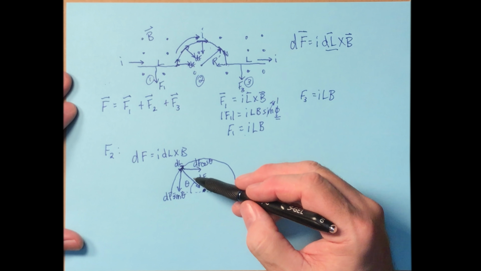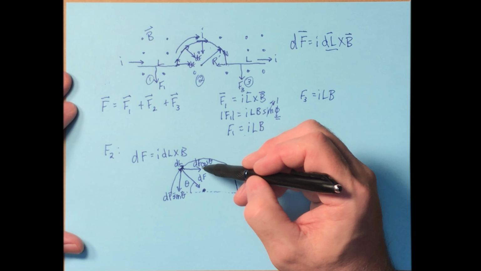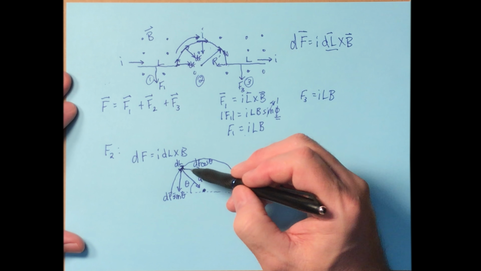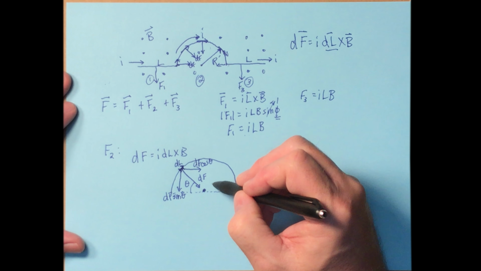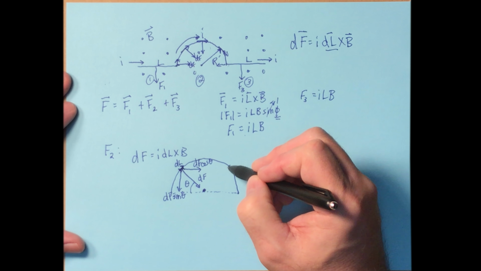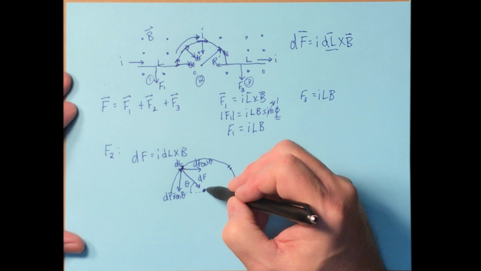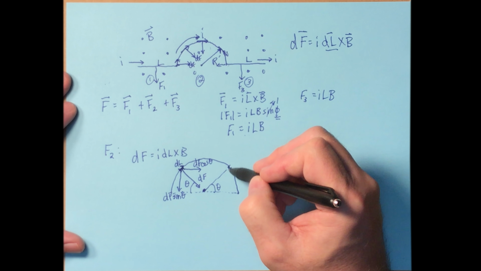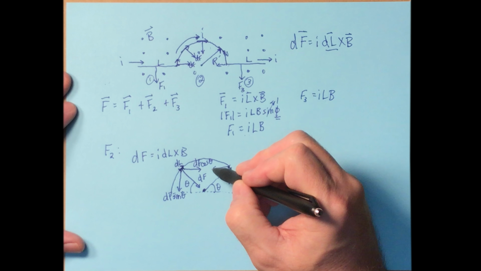Now, we can use symmetry arguments and say for any point at angle theta on the left portion of the curve, on the right portion there's going to be an equal point at angle theta. You can break that force into components going that way and that way.